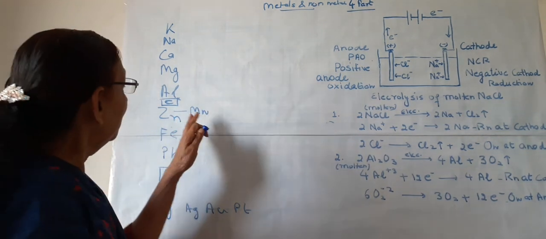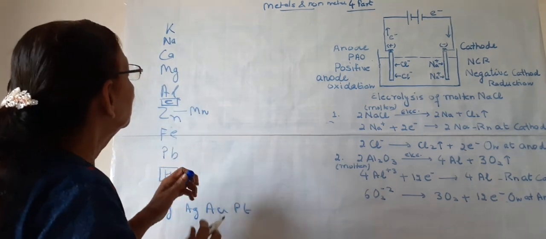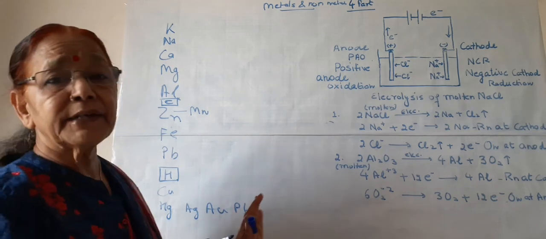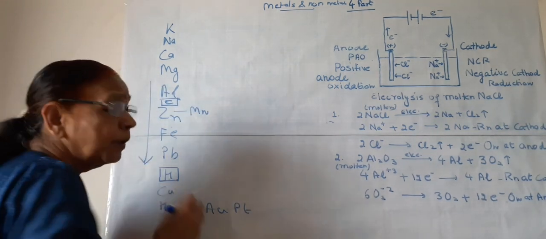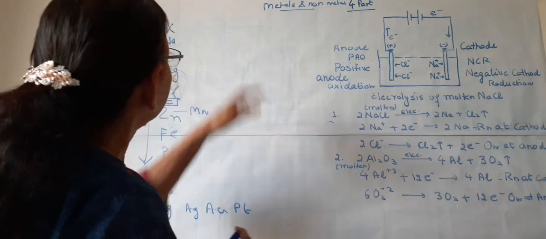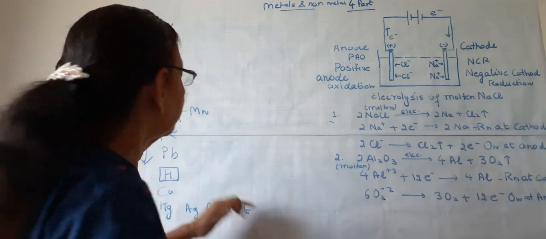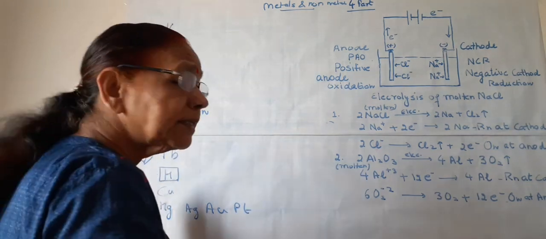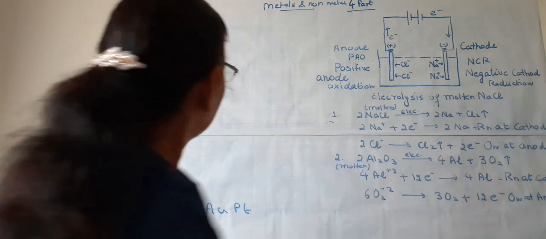Manganese is a metal and it is after carbon in the series. So this is the reactivity series of metals and this is the order of their reactivity, that these are the most reactive and these are the least reactive. So the reactivity is decreasing from top to bottom.